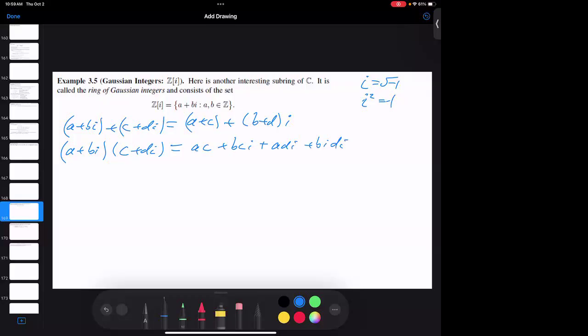But what's BiDi? Negative BD, because we're going to have an i squared. So this is going to be AC plus BCi plus ADi minus BD. And then let's put all the real stuff together: AC minus BD plus (BC plus AD) i.